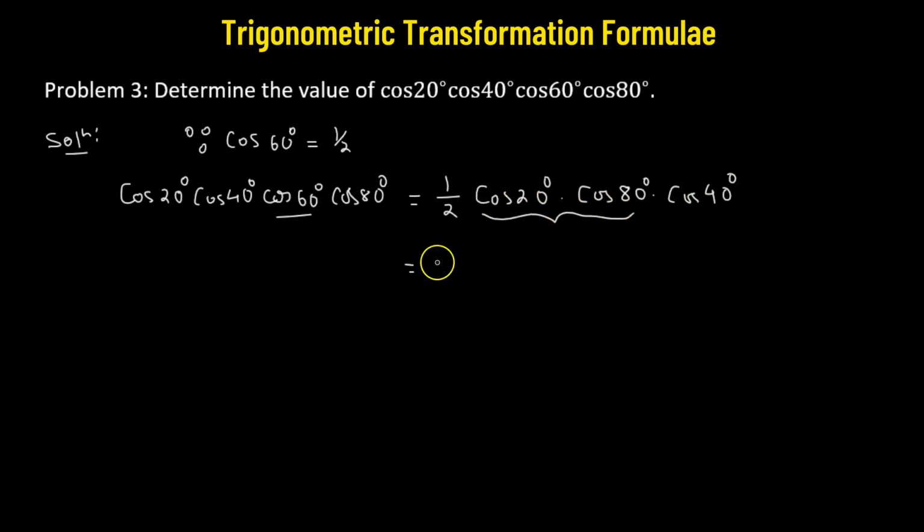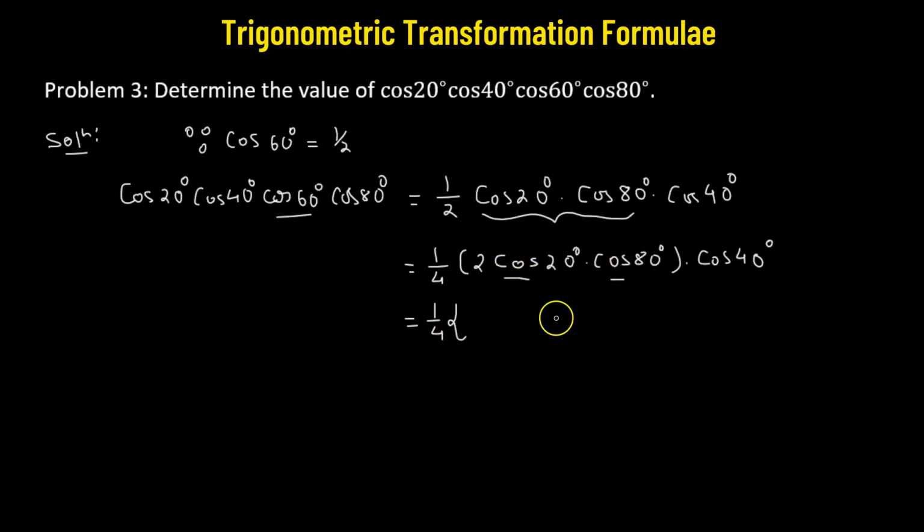Now we have a factor 2 missing here. What we'll do, we'll multiply by half and then also multiply with 2. So we get 2 times cosine 20 degree times cosine 80 degree, whole multiplied to cosine 40 degree. So we get 1 over 4 multiplied to it, and since we have the product of two cosine functions, this will become the sum of two cosine functions.